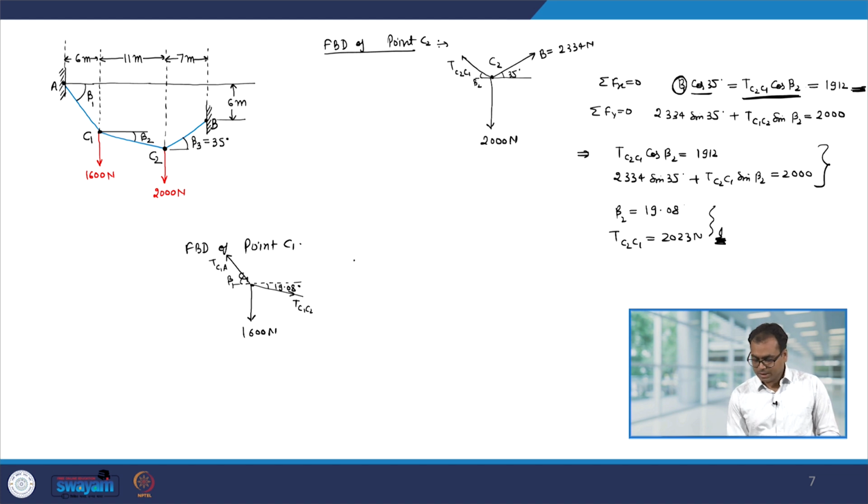Now, again let us use the force balance equation. So, summation Fx equal to 0.